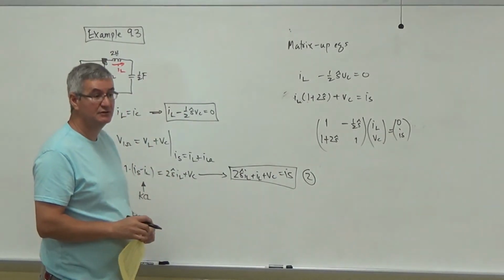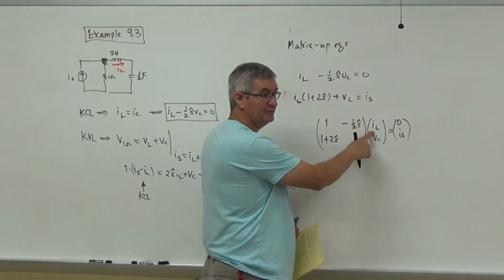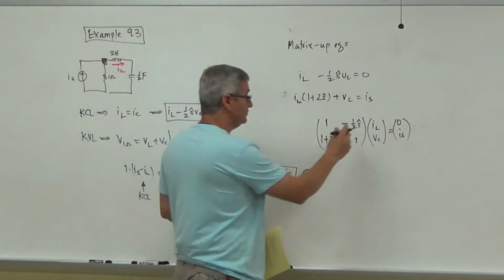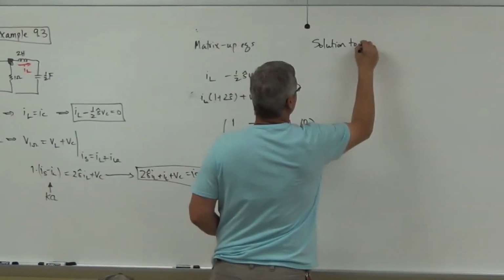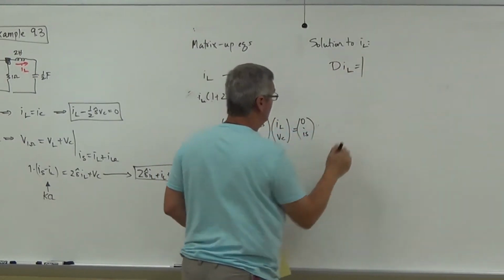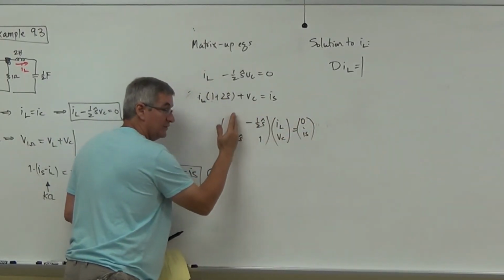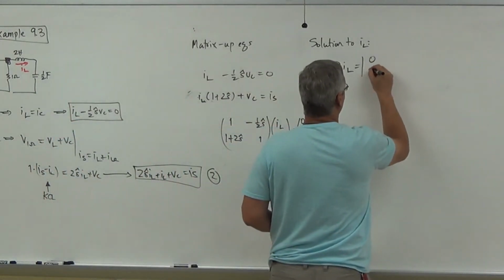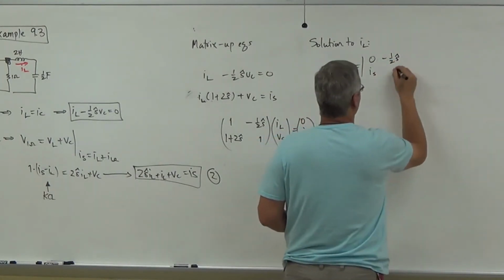So now I want the solution to this. The solution to IL, look at it, it's the first one, it's not the second one. So if I look at the first one here, the solution to IL looks like this. So it's got to be B IL equals what? Since this is the first one, I take this column and replace it with the first column, which is associated with the IL. So then I write 0, I source, minus 1/2 S hat, and then 1.